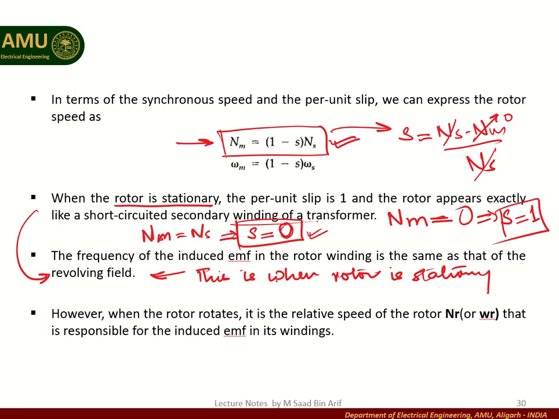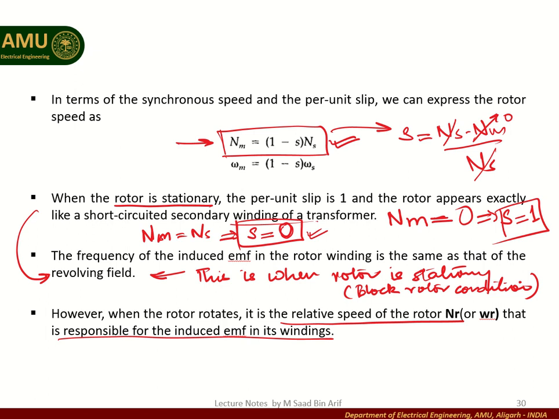In the case of a transformer, we know that the primary winding frequency is the same as that of the secondary winding. So in the case of an induction motor also, if the rotor is stationary, that is the blocked rotor condition, the frequency of the induced EMF is the same as that of the revolving field. However, when the rotor rotates, it is the relative speed of the rotor that is responsible for the induced EMF in its winding.